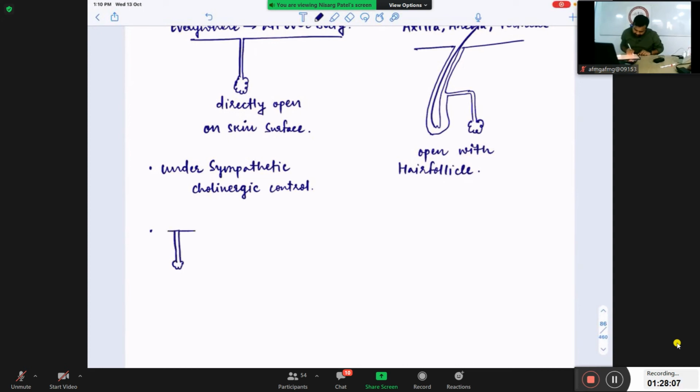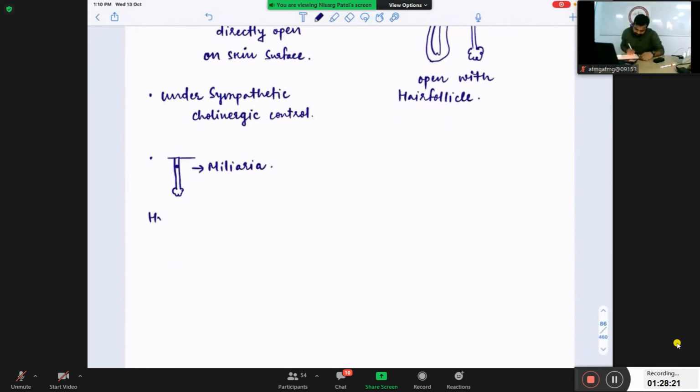If I get an obstruction of this eccrine sweat gland, the disease is known as miliaria. And the hyperfunction of this gland is hyperhidrosis. This is hyperhidrosis.